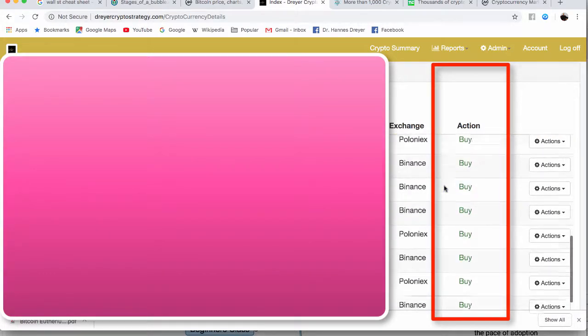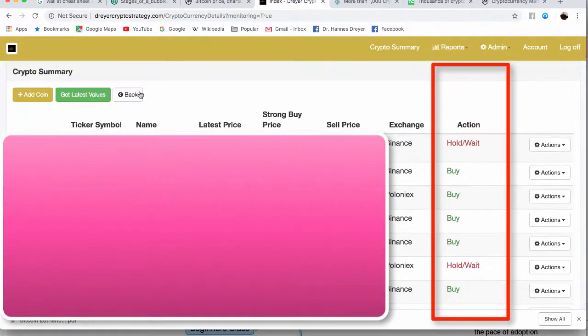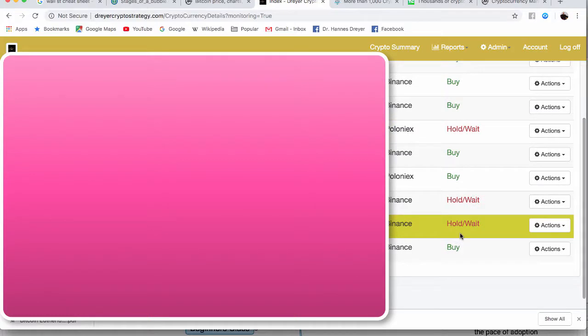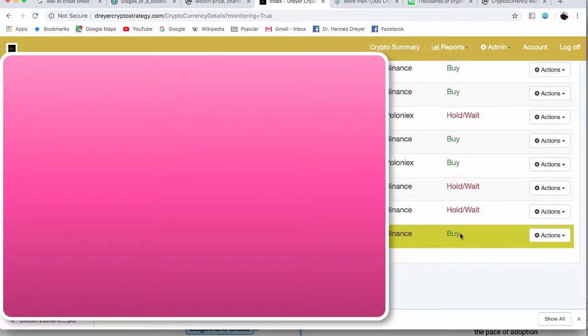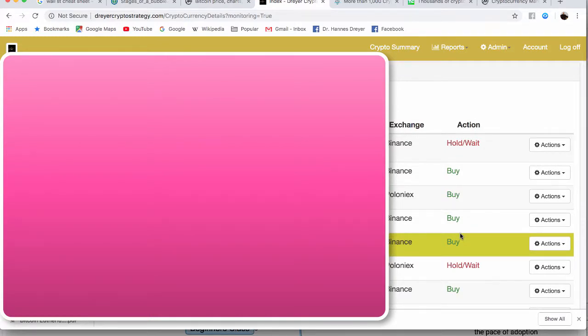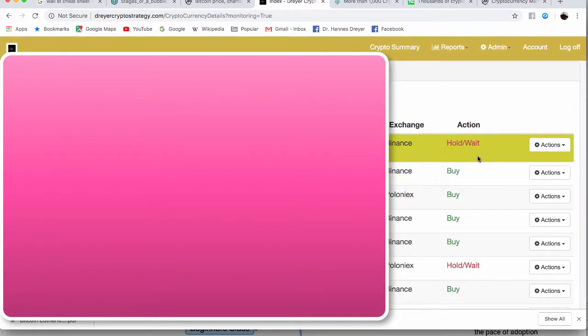But if I go and look at my monitored position, the one that I'm checking, there's a hold, buy, hold, buy, hold, or wait, hold, and buy. This simply means that for this specific one, the first one, everything is lined up, everything is in place, but the signal, in other words, the tokenomics, does not add up.